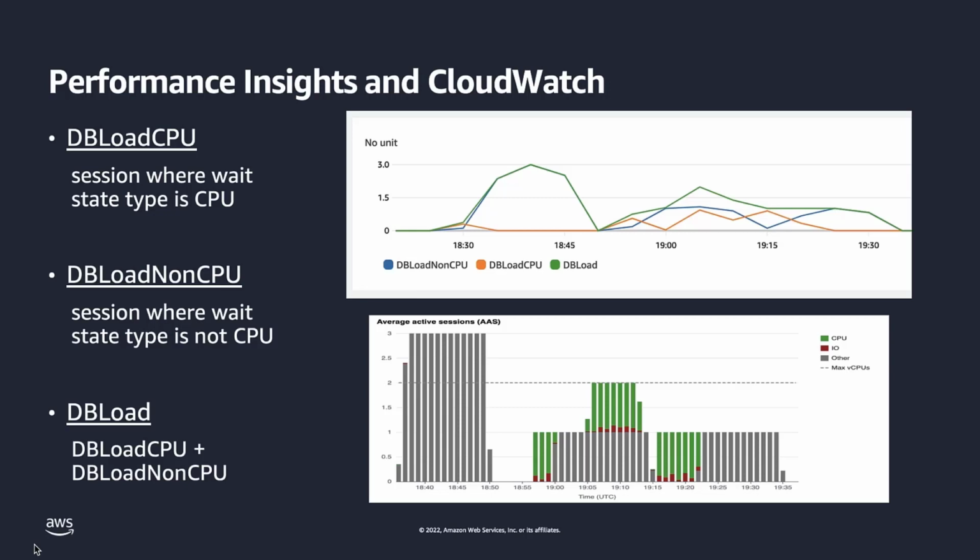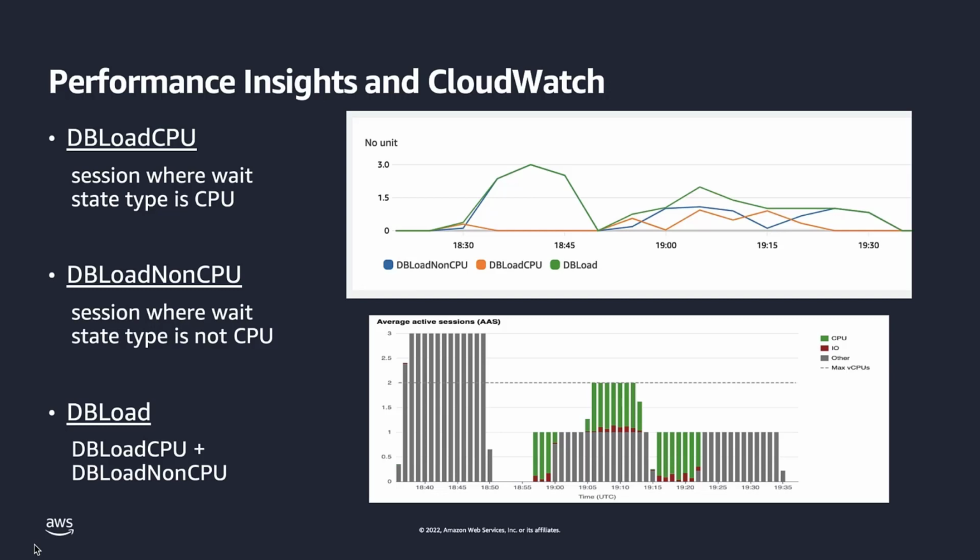The second is DB load non-CPU. So this is the number of average active sessions waiting on some other resource, for example, I/O, meaning the query needs to read data from or write data to the distributed storage volume. And then lastly, DB load is simply the sum of DB load CPU and DB load non-CPU. Just like any other CloudWatch metric, you can set alarms on these.